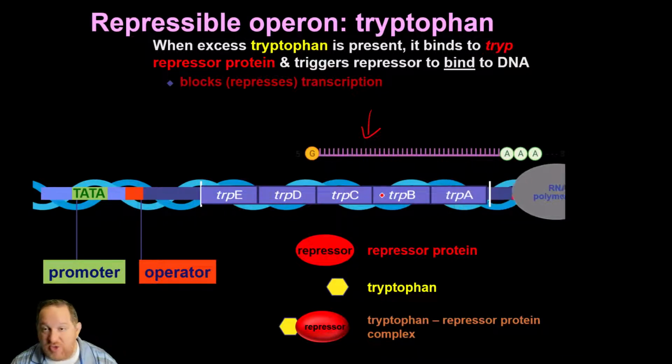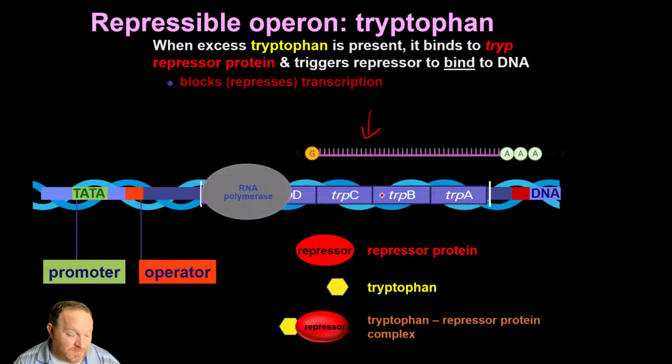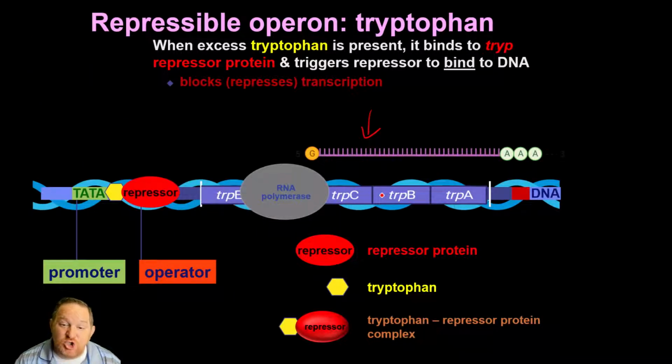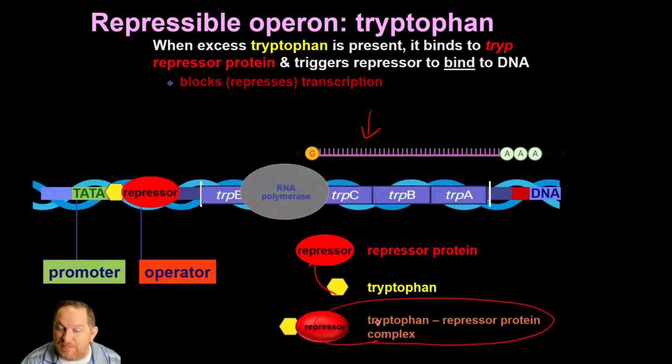We've made all the tryptophan we need. Well, in this case, tryptophan will bind to a repressor, activating that repressor so that the repressor, as you saw here, comes and binds to the operator site. Here's our promoter region, here's our operator region. The repressor's bound here. So can RNA polymerase come in?